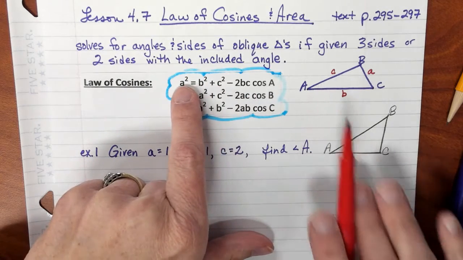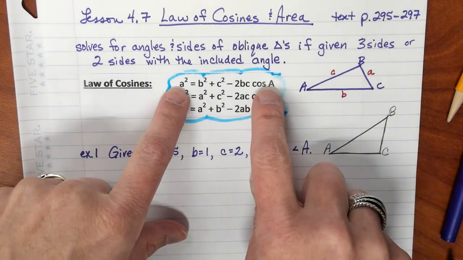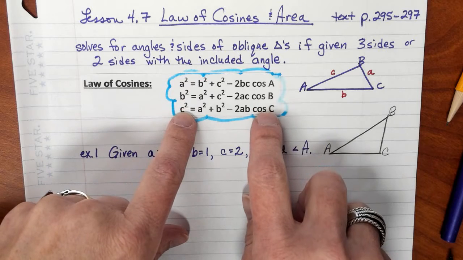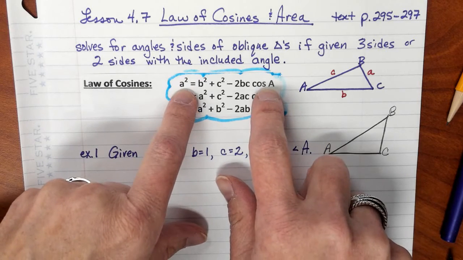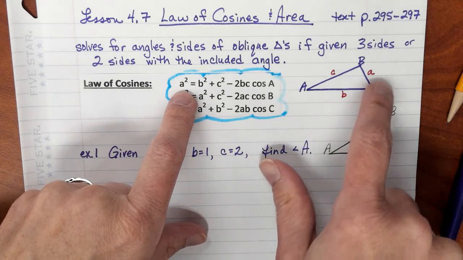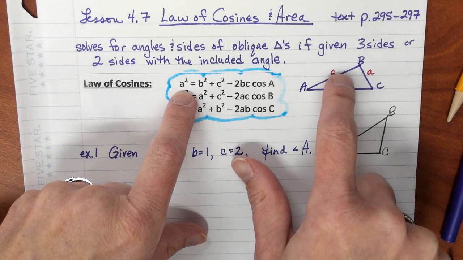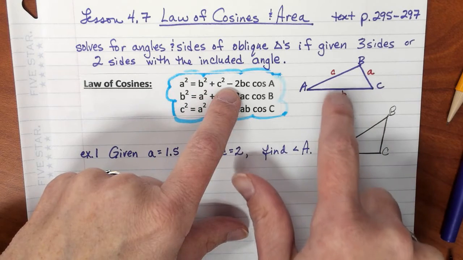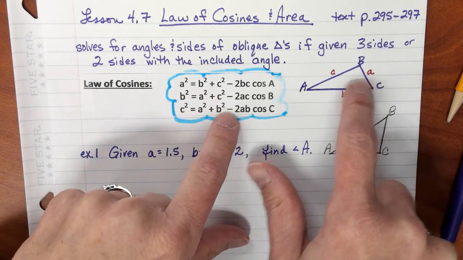So if this is a squared over here, then this is the cosine of a. Notice, this is b squared, this is the cosine of b. C squared, cosine of c. So a squared, b squared, c squared, minus 2 times b and c, whatever's here, and the cosine of a.